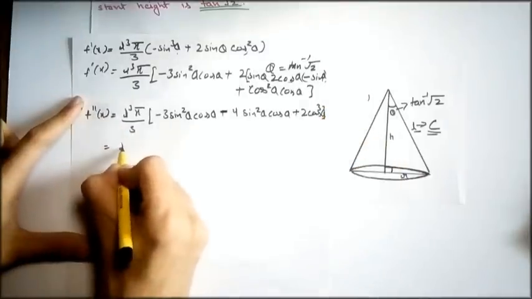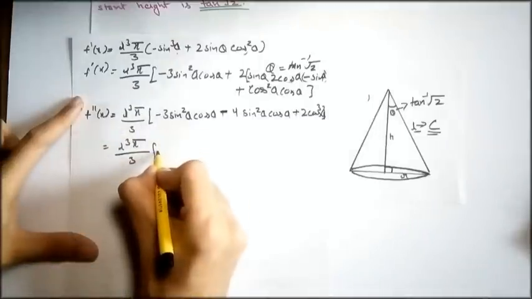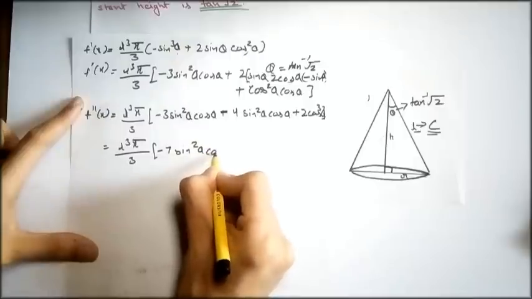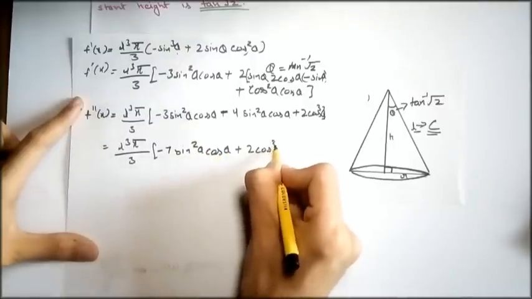And now after this, minus minus plus, that is minus 7 sine square theta cos theta plus 2 cos cube theta.